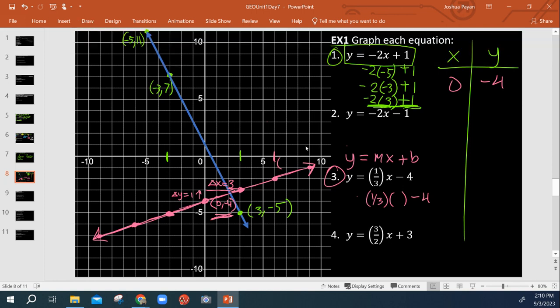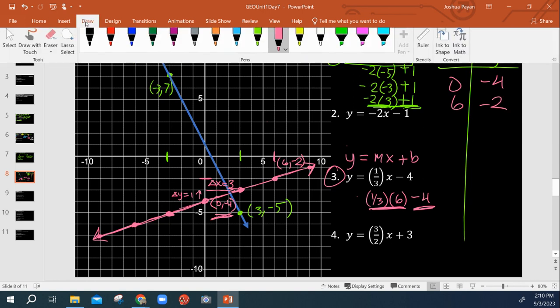We see 6 by -2. I'm referencing this point here. So when x is 6, we should get y is -2. 1/3 times 6 is going to be +2. 2 minus 4 is, in fact, -2. So again, we see that it works.